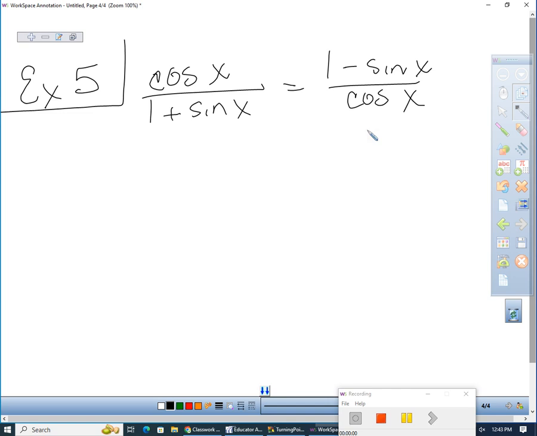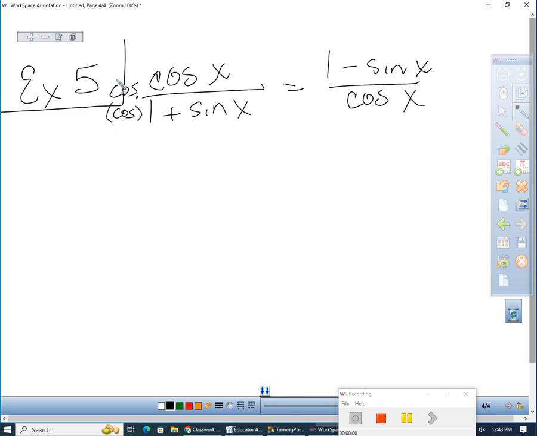Okay, so we have to get the left-hand side to match the right-hand side. Just flipping them, they're still not the same, though. So sometimes you can multiply the top and bottom by the same thing, okay? So the first thing I'm going to recommend, I need a cosine on the bottom. So I'm going to multiply the top and bottom by cosine.